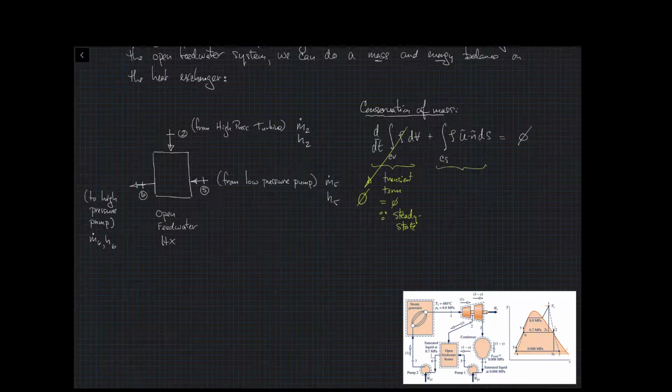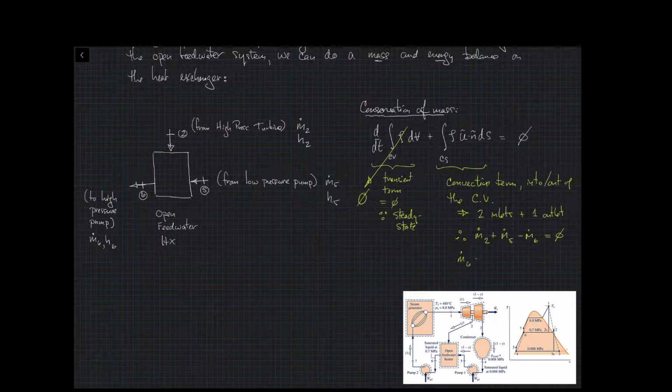First of all, that transient term goes away as I've just shown here, and the convective term, which takes into account what comes in and out of the control volume, in this particular case we have 2 inlets and 1 outlet, readily boils down to the 2 masses in minus the mass 1 out goes to 0. So m.2 plus m.5 has got to be equal to m.6 is what we're saying here.